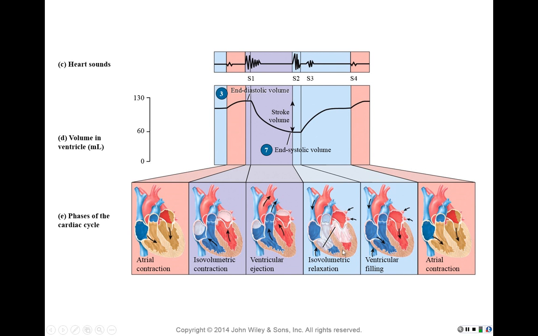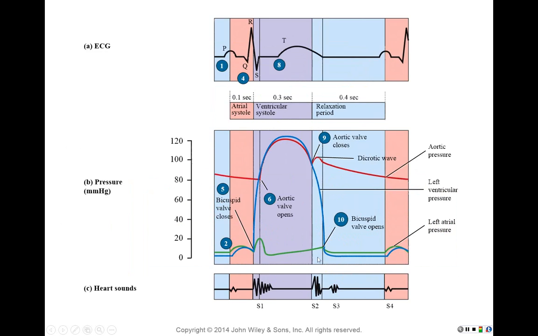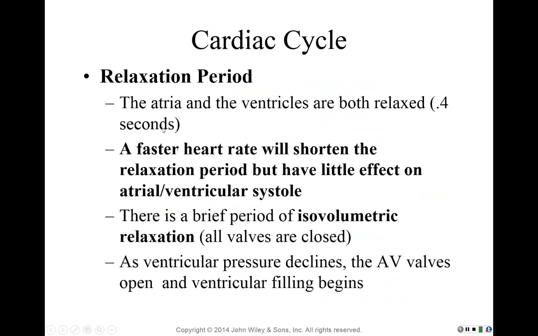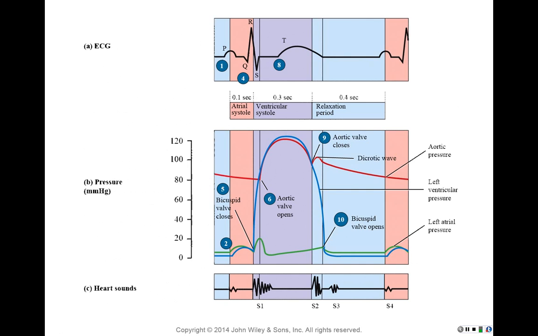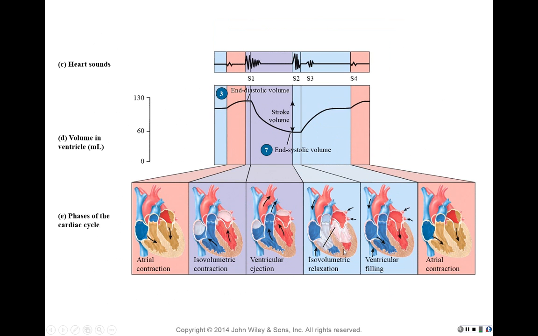In this relaxation period for the ventricles, we first have what's referred to as isovolumetric relaxation. For a period of time, the atria and the ventricles are both relaxed. Notice on our picture, there's a period at which the AV valves were closed and the semilunar valves have closed because the blood backflowed down into the aorta as the pressure dropped and got caught in those cusps and closed those valves.